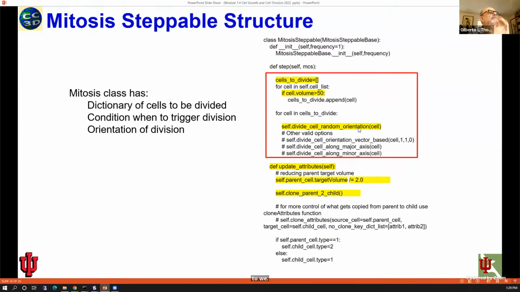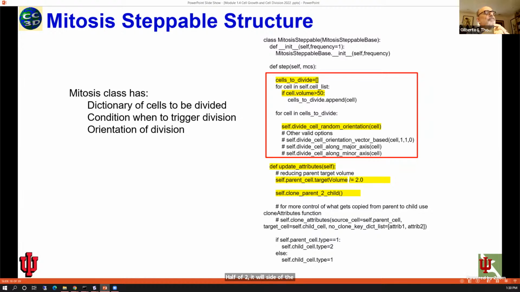I mean, you can divide a cell randomly. CompuCell, by random, chooses a plane through the cell, a radial plane, and divides the cell in that plane, half to each side. Okay?